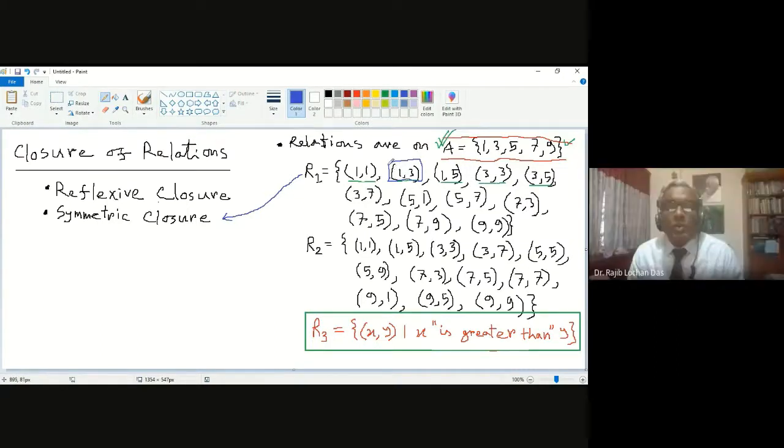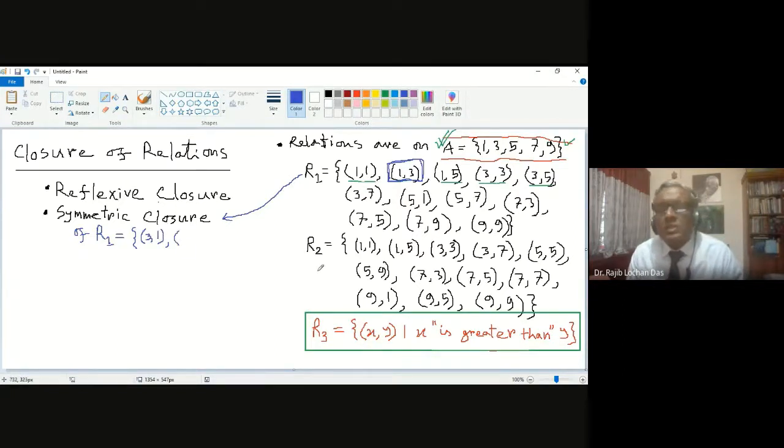So one thing you can check: yes, 1 3 is in the relation, but 3 1 is not present. So you can write, okay, the symmetric closure of R1 includes the opposite of 1 3, which is 3 1, and then think about others.